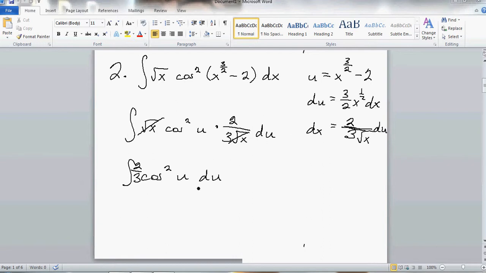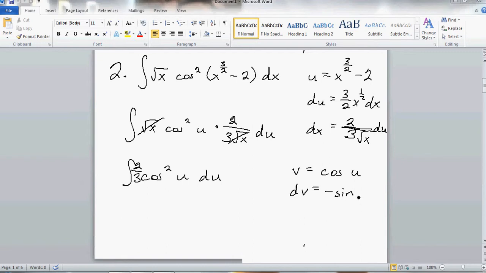Now that we're going to have to do another substitution, we're going to call it v, we better make sure that all the u's disappear. So I'm going to let v be cosine of u, because this is the most complex phrase, but we only take the innermost part, which is the cosine of u. So dv would equal negative sine, oh, hold on, this isn't working out very nicely at all.